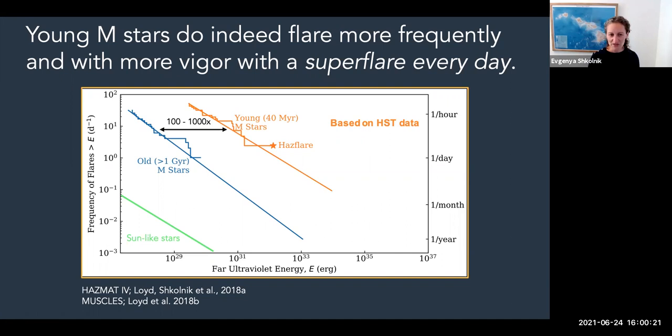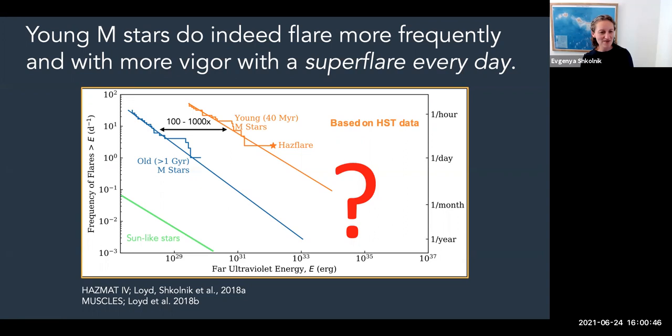sun-like stars. So the question then is, what's really happening over here? What's happening in this range? How strong do these flares really get? How strong is a flare that happens only once a month or once per year? And these are really hard data to get at because we just cannot monitor these stars for long enough. Even the two large programs that we have with HST are still only about 2 weeks of HST time.